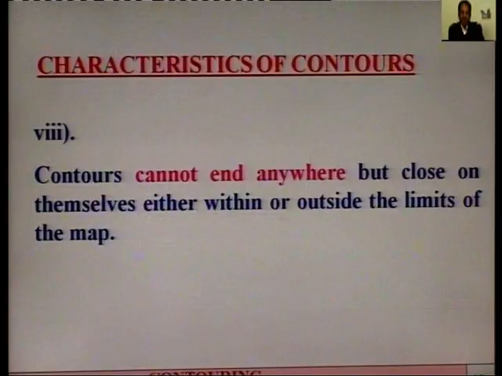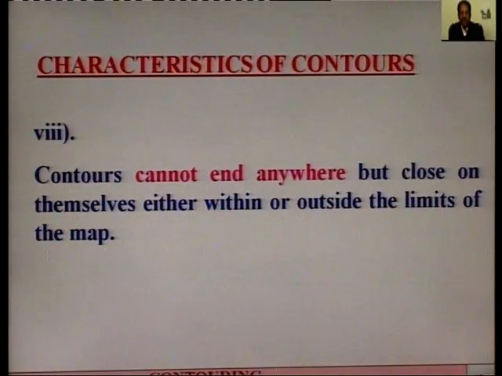When you are drawing contour lines, you will see that if a contour has started on the drawing sheet, it cannot end in between the figure. Either it will close on itself or it will come out of the border of the drawing sheet. So this is a very important characteristic of the contour.